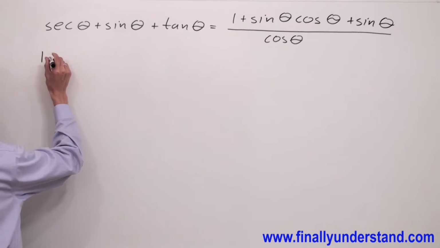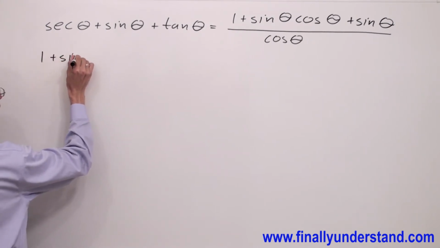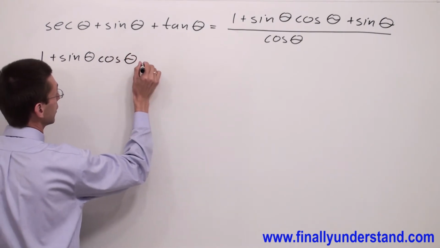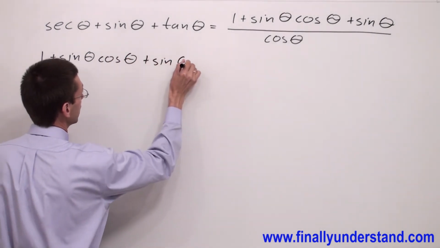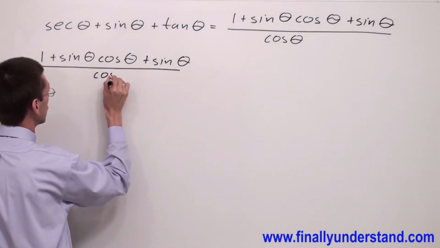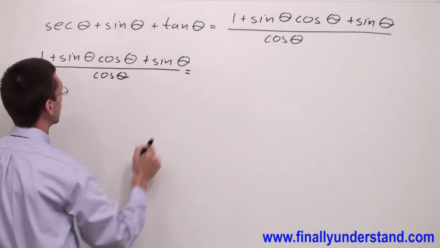I have 1 plus sine theta times cosine theta plus sine theta over cosine theta. This is equal.